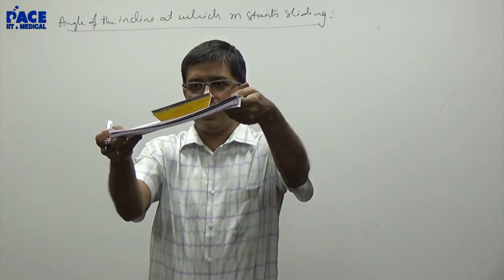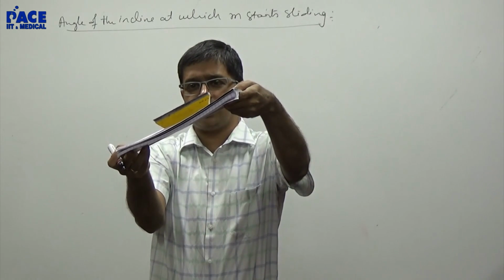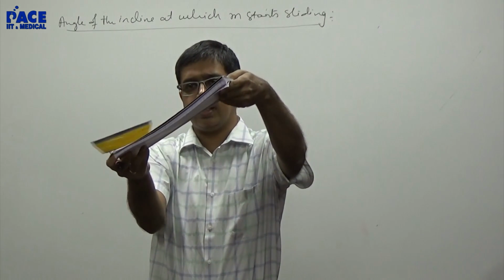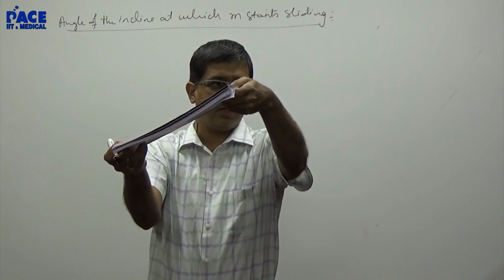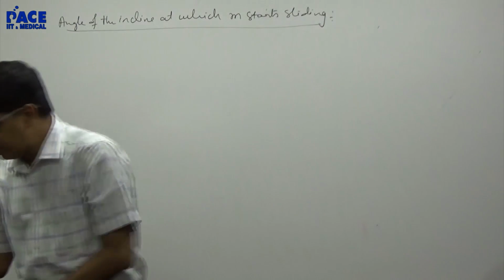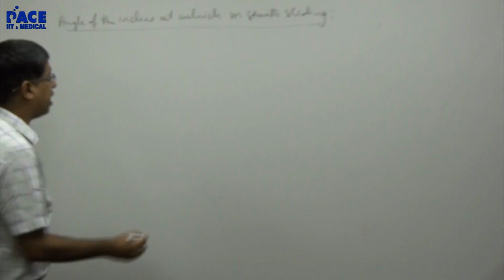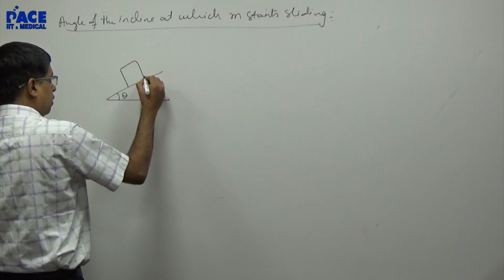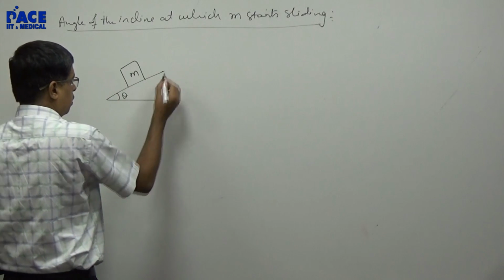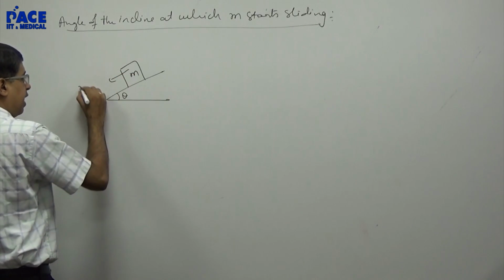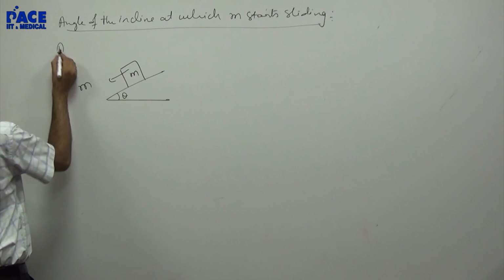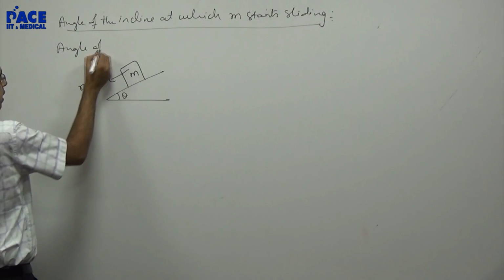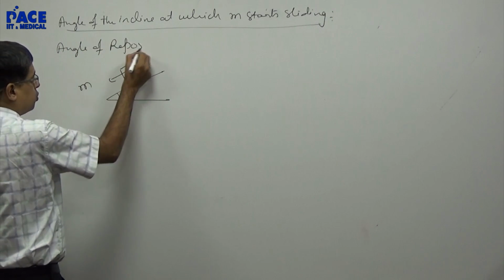As I start increasing the angle, at some stage the duster will start sliding. That angle at which the body starts sliding is called the angle of repose.